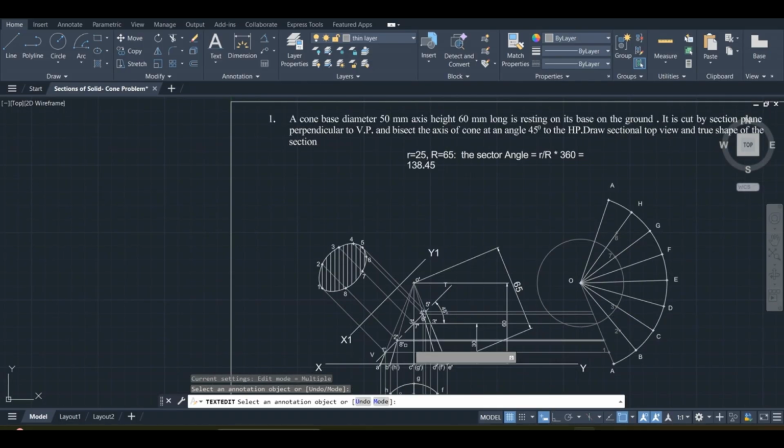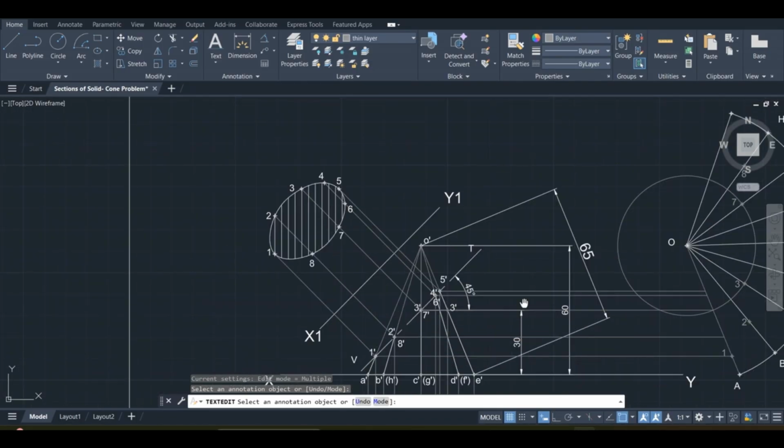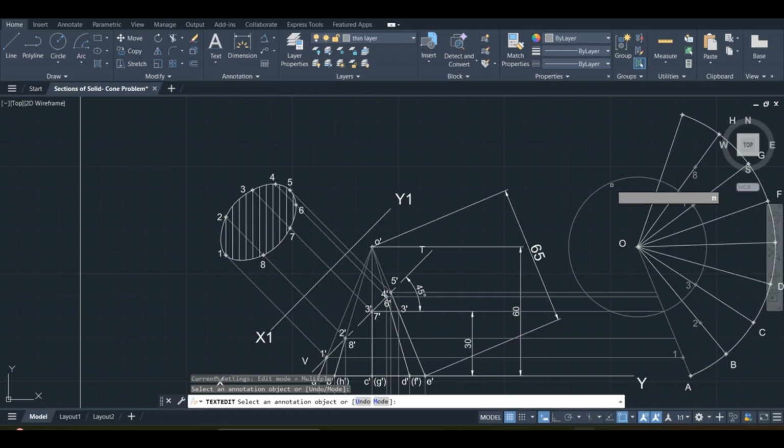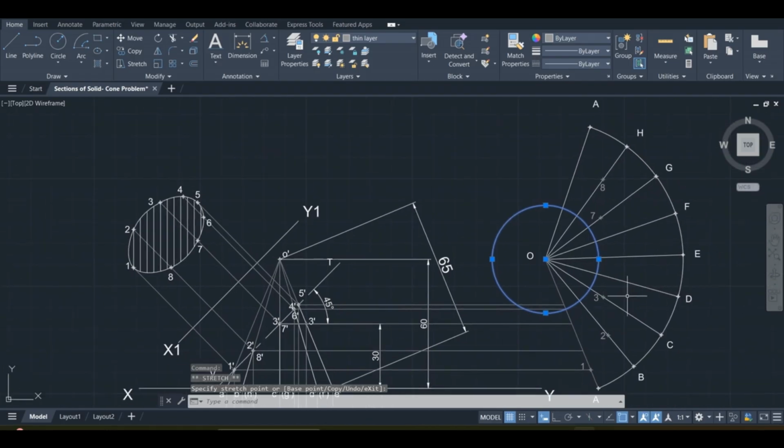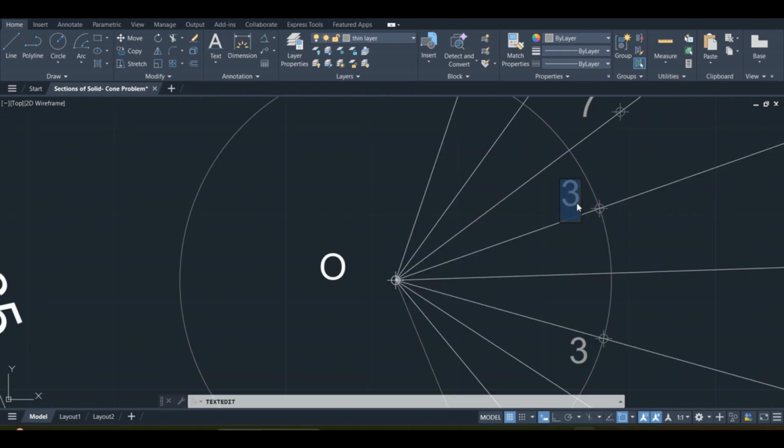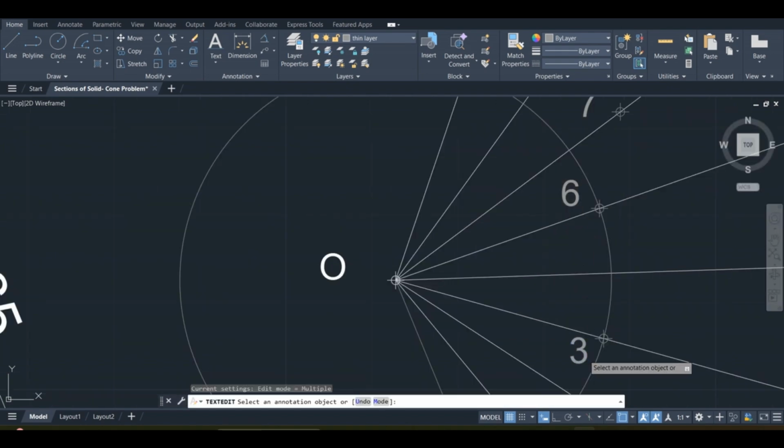Similarly, to obtain the points 4 and 6, change the radius of the circle to this point, and it is intersecting the DO generator and FO generator. So mark those points and give the point names. Point number 6, and this is point number 4.